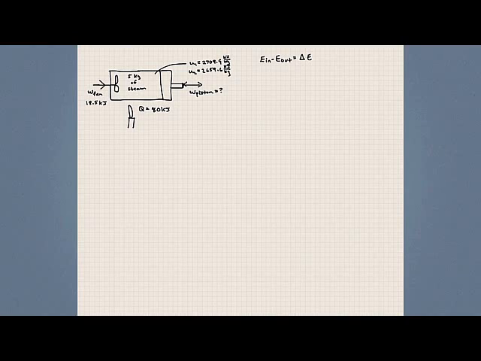So if we look at how much energy is coming into the system, let's look at the energy coming in. We have work done by the fan in this system, which is 18.5 kilojoules. We also have work being done by the flame, so it's 80 kilojoules.